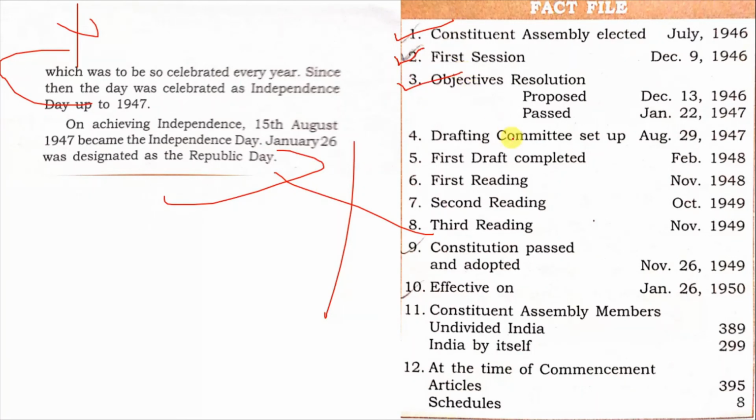Then the Constitution passed and adopted, that is important. Then when it came to be effective, it is important. Then about the drafting committee set up. Okay, so these are 1, 2, 3, 4, 5, 6, so total 6. Okay, this is very important. Okay, so only this much, there's nothing more.